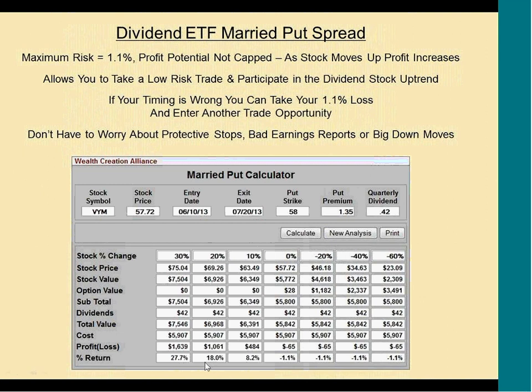With the married put trades and the market neutral option spread trades, I normally use monthly options, and I'll go out 1, 2, or 3 months, or even longer. And I would mix up the duration to diversify my portfolio. So to answer your question, I use the monthly options, and I'll go out anywhere from 1 to 2 to 3 months or longer.